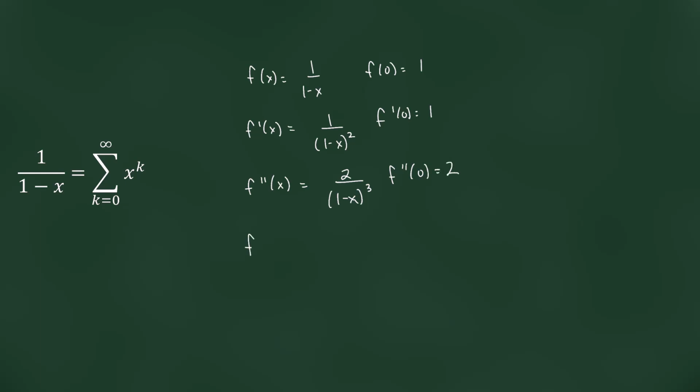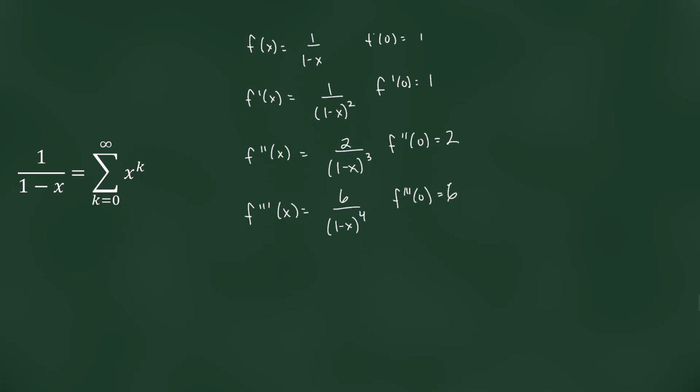We can keep going until we start to see the pattern. Here we're going to get 6 over 1 minus x to the 4th, so that f triple prime of 0 is 6. We'll do one more, and then I'll feel pretty certain we have a pattern going here. So this is 24 over 1 minus x to the 5th. F to the 4th of 0 is 24.